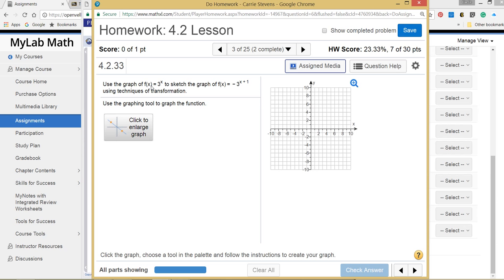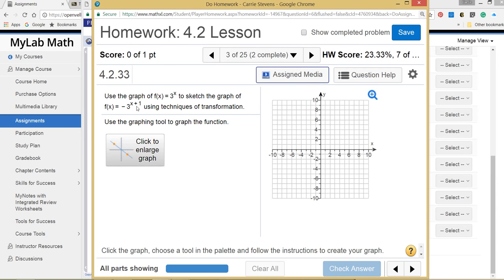Use the graph of f of x equals 3 to the x to sketch the graph of f of x equals negative 3 to the x plus 1. All right, so 2 things are happening here. We're going to shift to the left 1 unit. We're going to flip vertically because we've got a negative on the outside, on the lead coefficient.